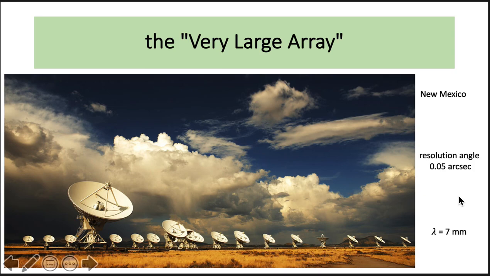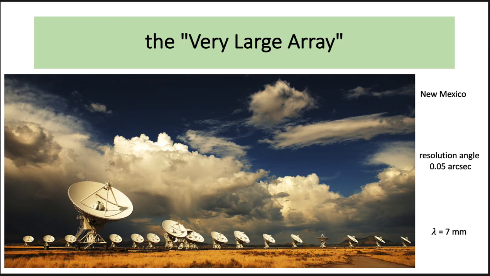And then as far as resolution is concerned, they collectively can act like a telescope with d equals 36 kilometers. They don't collect as much light as a 36 kilometer telescope, so they don't see the super dim things, but the resolution is excellent.